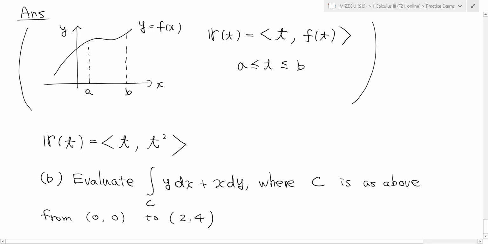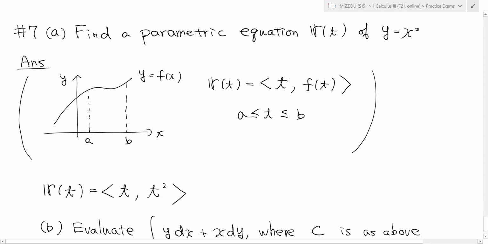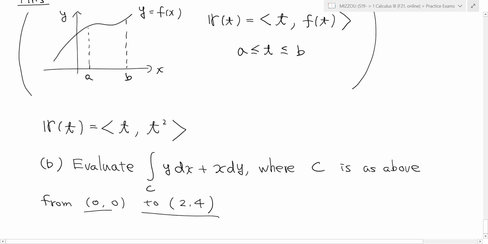Now, part B, evaluate this line integral where C is as above, namely C is this parabola starting from 0, 0 and ending at 2, 4. And if you look at the integrand of the line integral, you'll see dx, dy, both dx and dy.